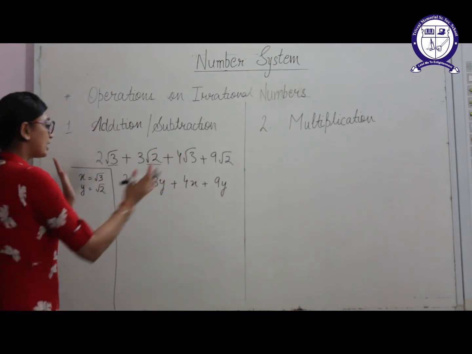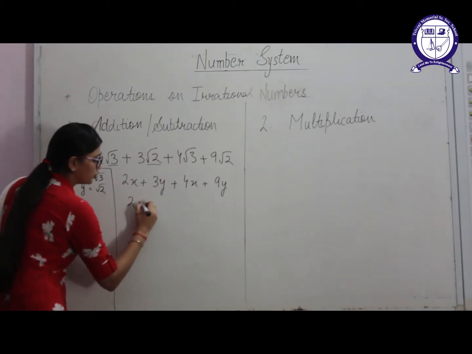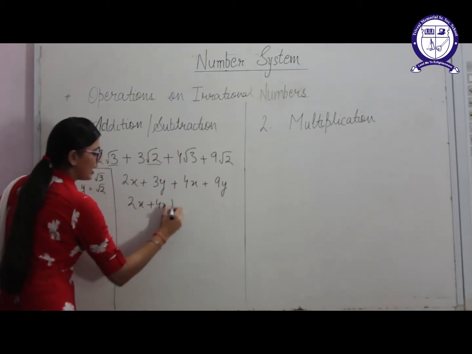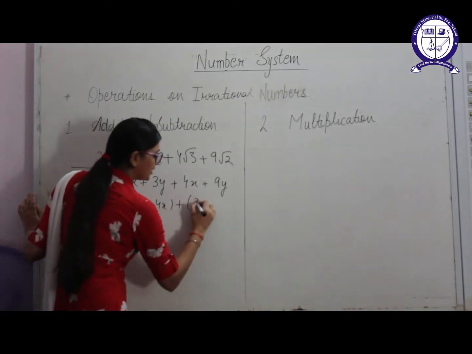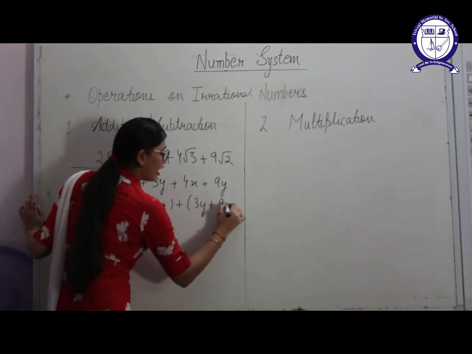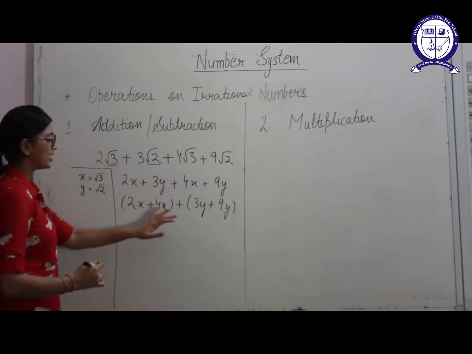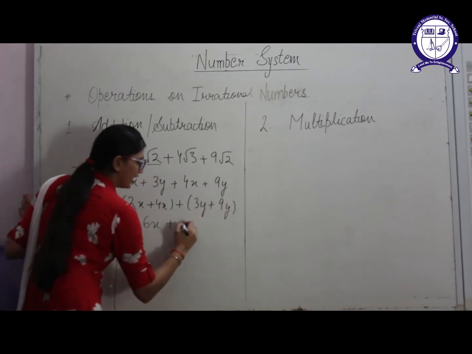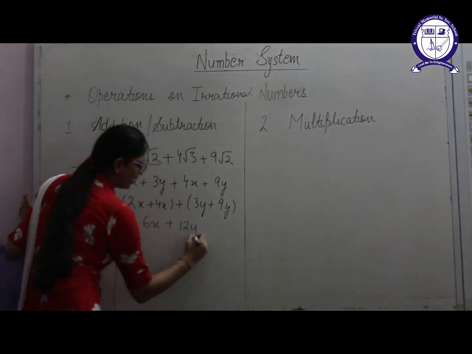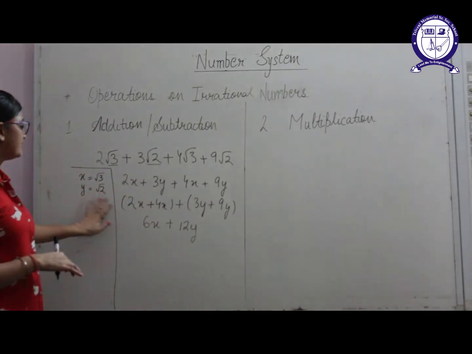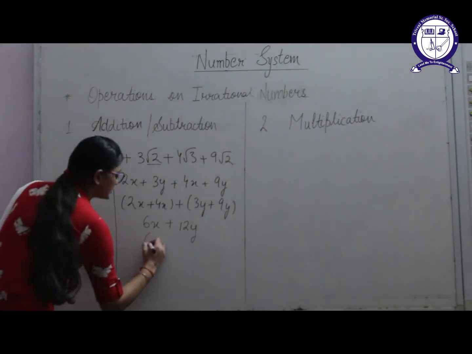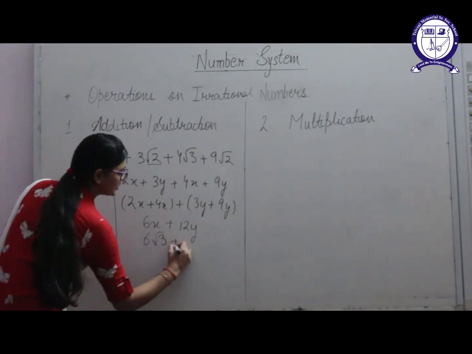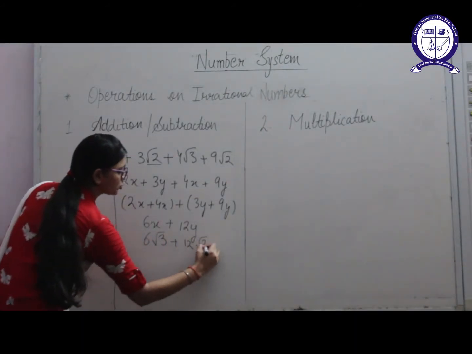So we will combine these terms, 2x plus 4x and 3y plus 9y. Now 2x plus 4x is 6x, 3y plus 9y is 12y. Now substituting these values back, you will get 6 root 3 plus 12 root 2.